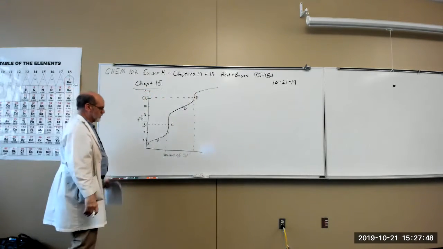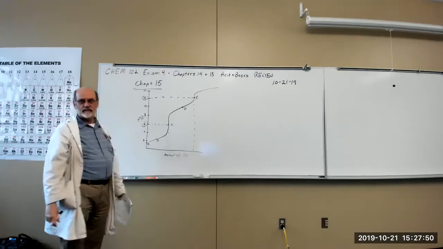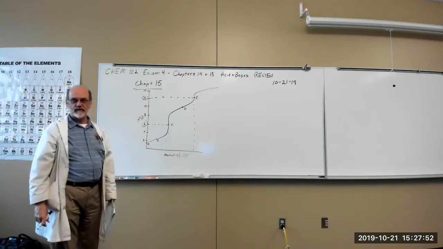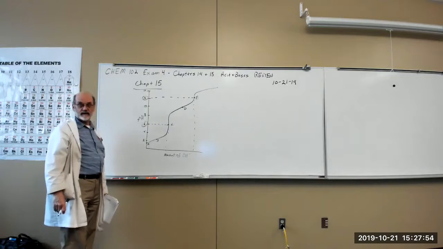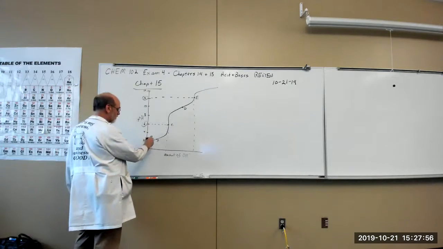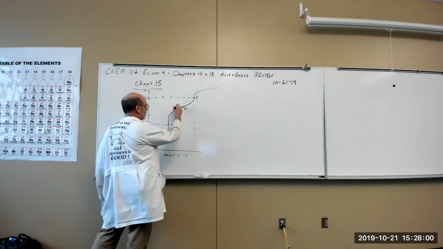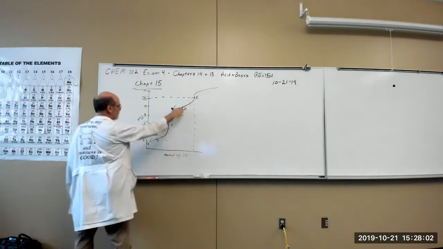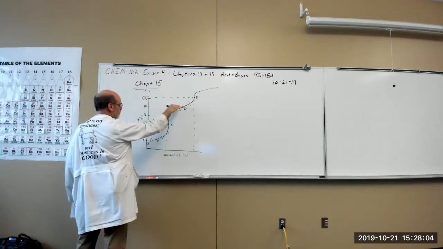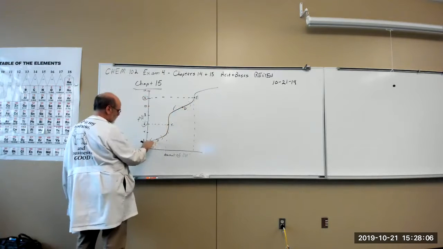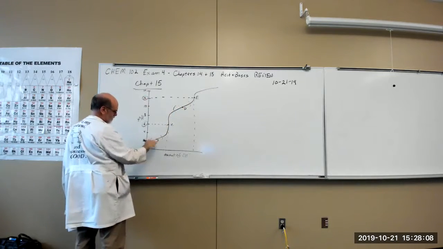Where are the buffer zones for this acid? It has 2, doesn't it? One of them is right here, around B. The second one is right here, around D. Approximately pH 10 is one buffer zone here. The other buffer zone is about 2.5 pH.